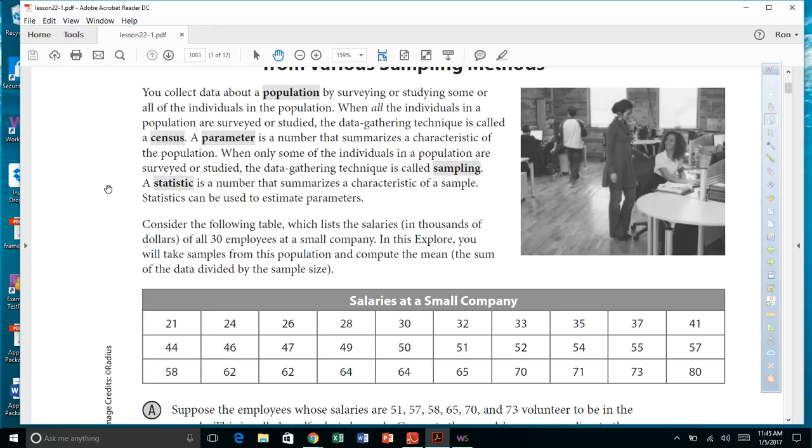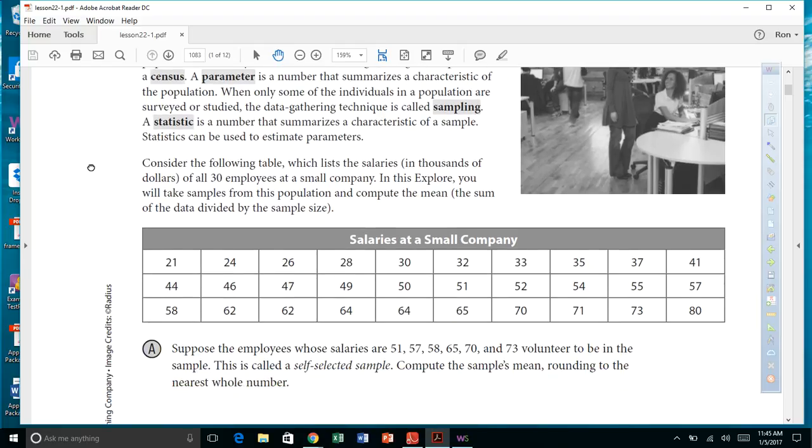A parameter is a number that summarizes a characteristic of the population. When only some of the individuals are surveyed or studied, the technique is called sampling. A statistic is a number that summarizes a characteristic of a sample. Statistics can be used to estimate parameters.